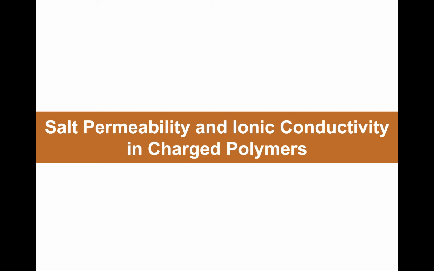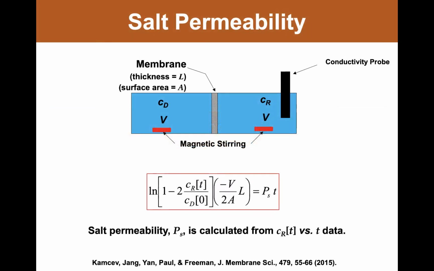And before we do that, I'll just briefly recap the trends in salt permeability and ionic conductivity as a segue. So first, a note here about how one measures salt permeability.